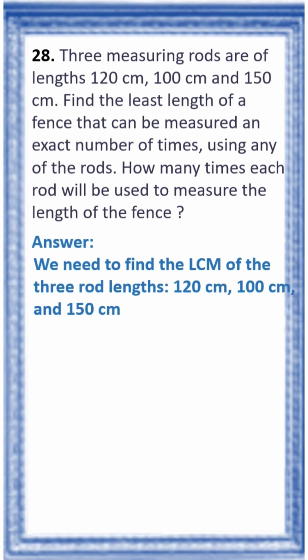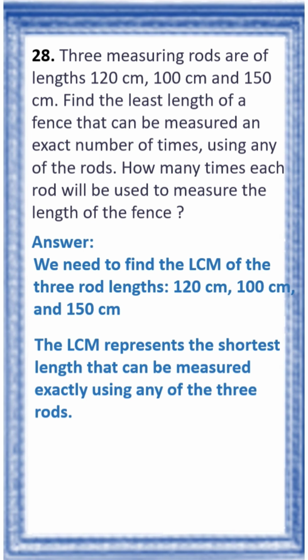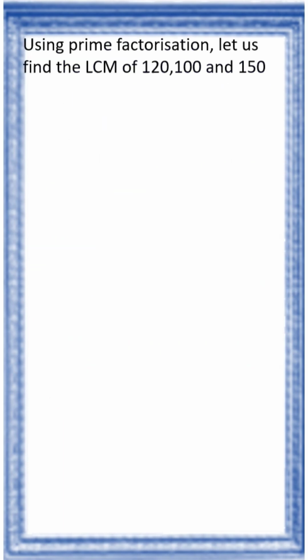We need to find the LCM of 3 rods of length 120 cm, 100 cm and 150 cm. The LCM represents the shortest length that can be measured exactly using any of the 3 rods. Now, using prime factorization method, let us find the LCM of 120, 100 and 150.